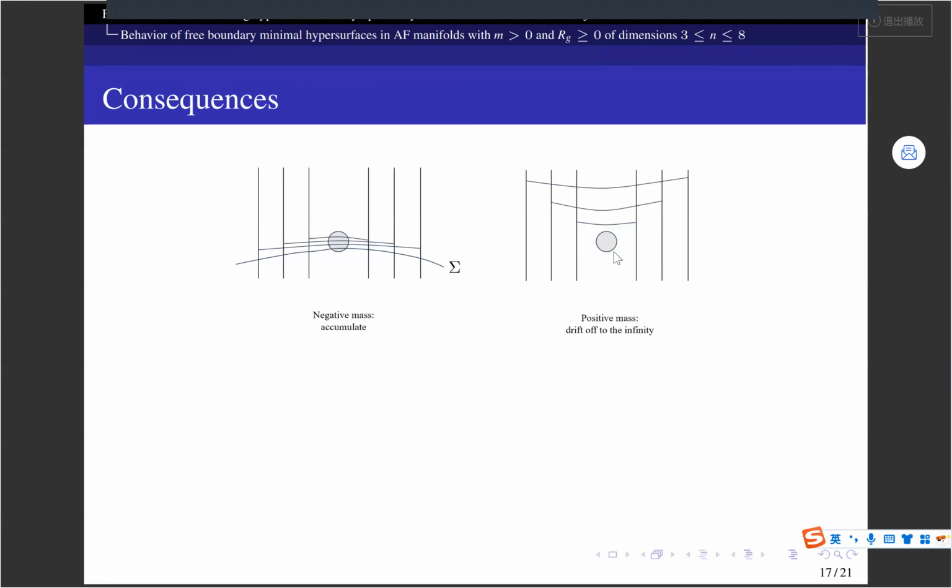And here is a picture for this theorem. That is to say, when the mass of the AF manifold is positive, then any sequence of solutions of the free boundary minimal hypersurface must drift off to infinity. It cannot intersect a fixed compact set.